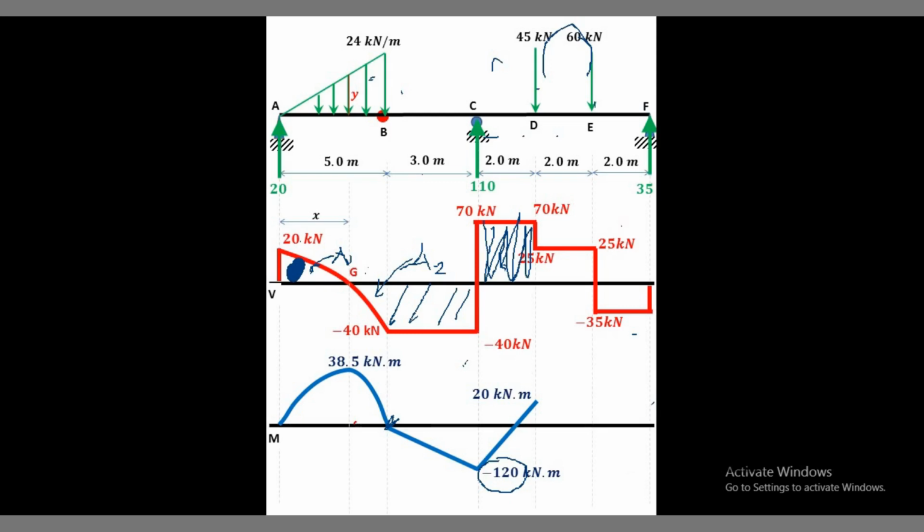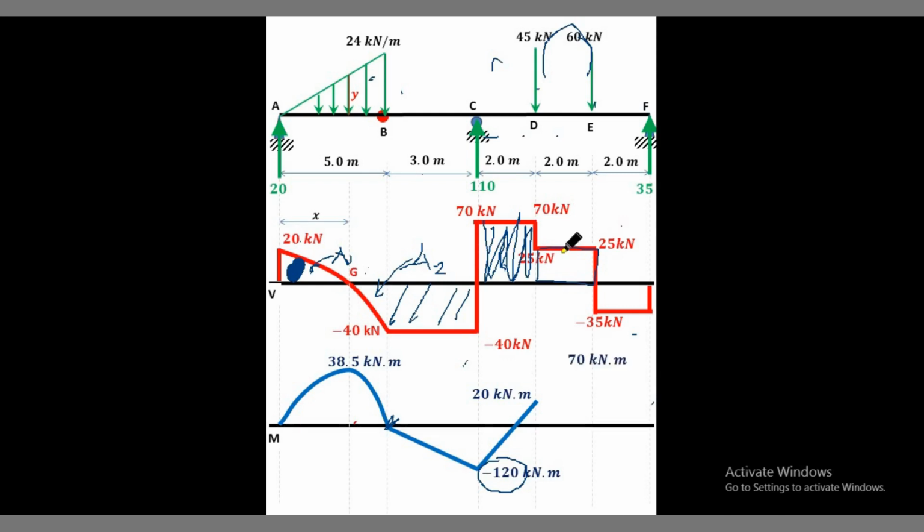Then, from D to E, nag-end ako kay 20. 20 plus the area of this rectangle, that is 25 times 2, that is 70.